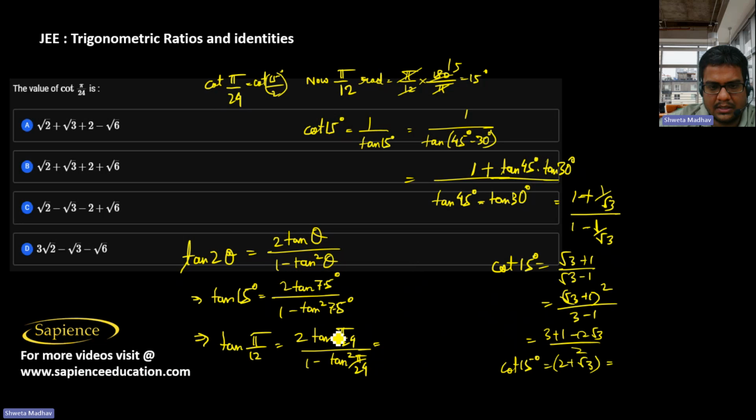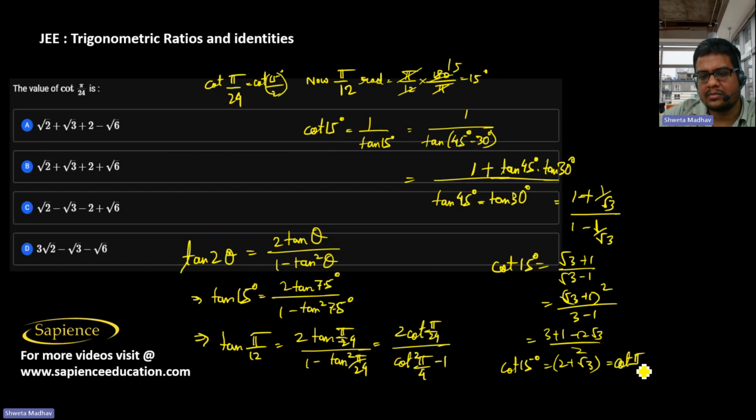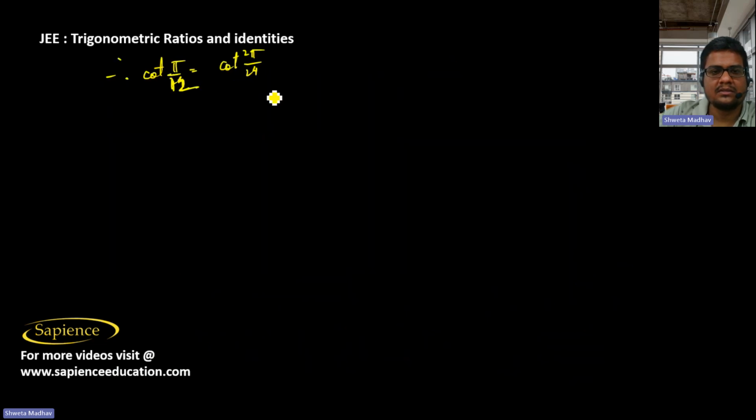Now if we divide both sides by tan pi by 24 square, then we will get 2 cot pi by 24 by cot square pi by 24 minus 1. Therefore cot pi by 12, which is cot 15 degrees, is equal to cot square pi by 24 minus 1 by 2 cot pi by 24.